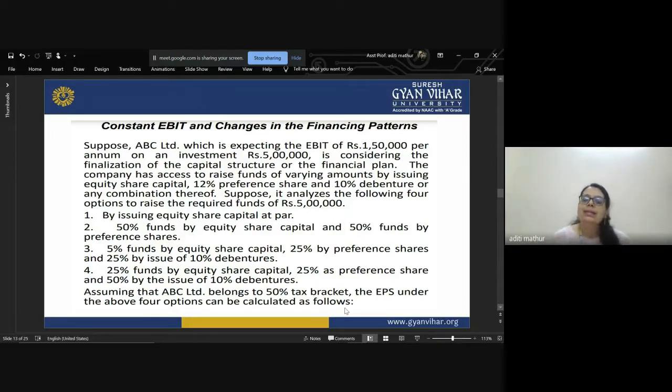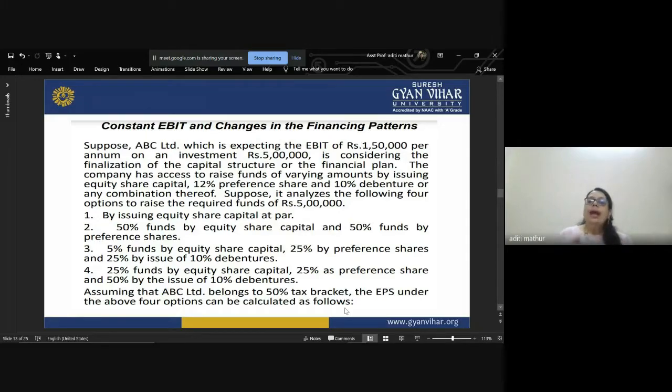The company has access to raise funds of varying amounts by issuing equity share capital, 20% preference share, and 10% debentures, and the combinations of equity, debt and preference. Suppose it is analyzed that the following 4 options are available to raise the required fund of 5 lakh.